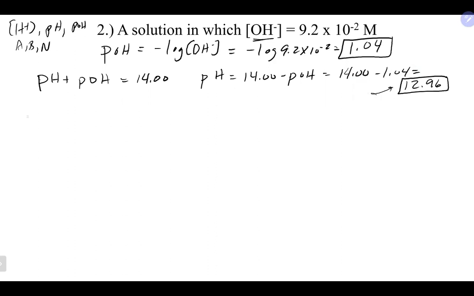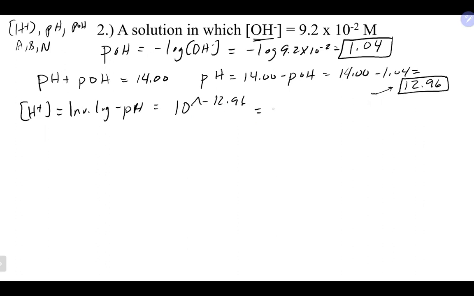At this point, again, you can use KW, or I'm going to once again do the inverse log of our pH. So our H plus will equal the inverse log of the minus pH. So that's going to be a 10 to the negative 12.96, which is our pH value. So we're going to do inverse log of negative 12.96.